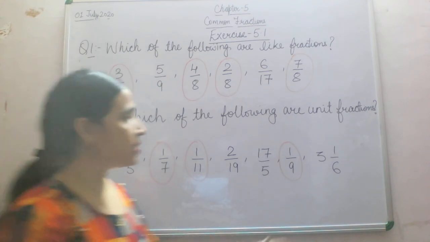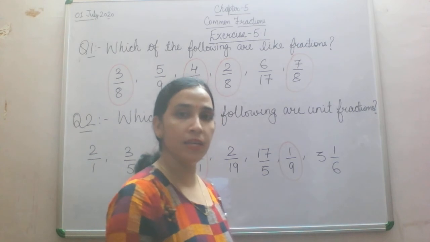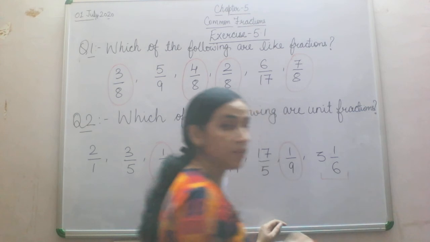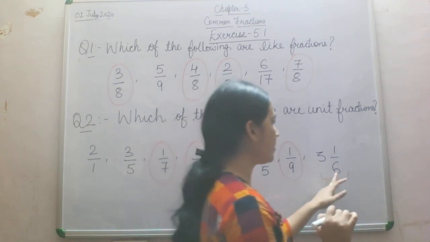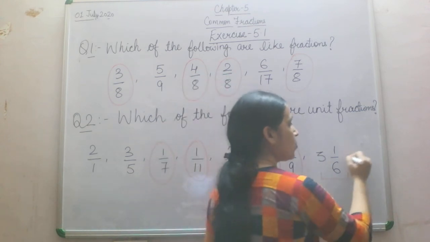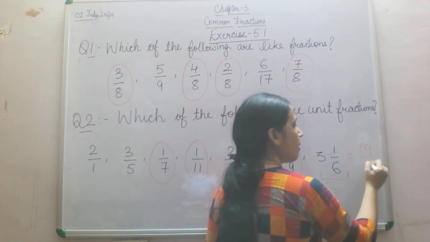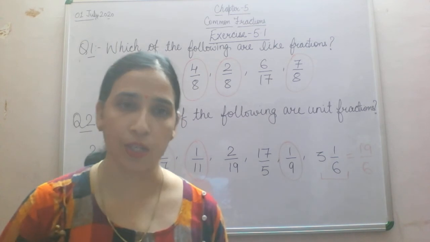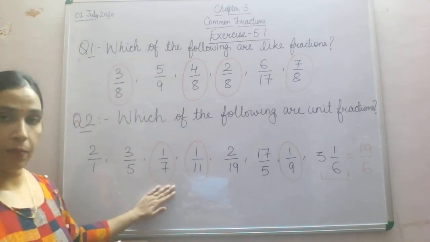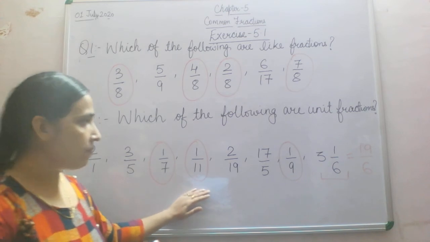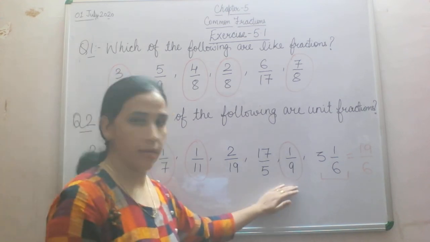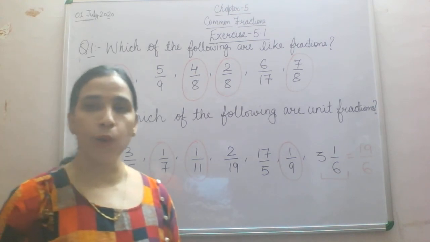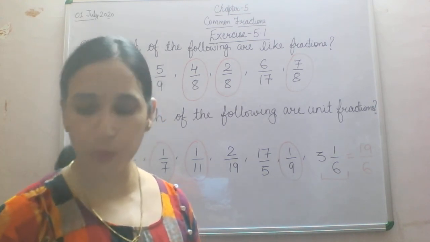No. This is given as a mixed fraction, and when you multiply it, 6 3s are 18 plus 1, 19. 19 by 6. So this is not an example of a unit fraction. So only 3 numbers, 1 by 7, 1 by 11 and 1 by 9, are unit fractions. I hope this unit fraction is also clear to you all.